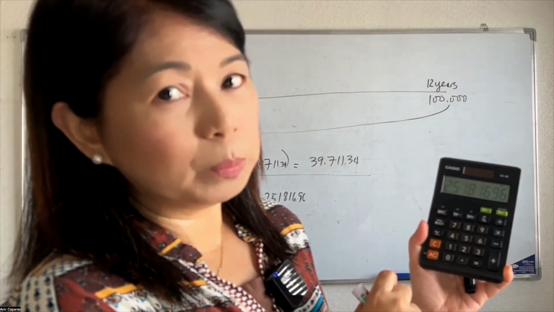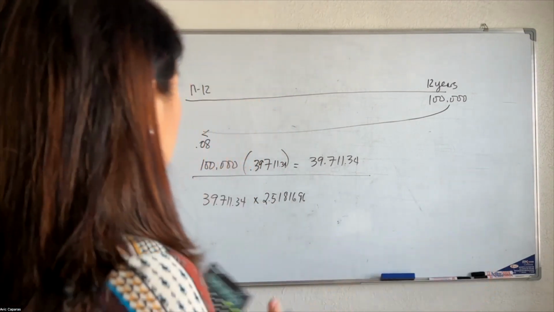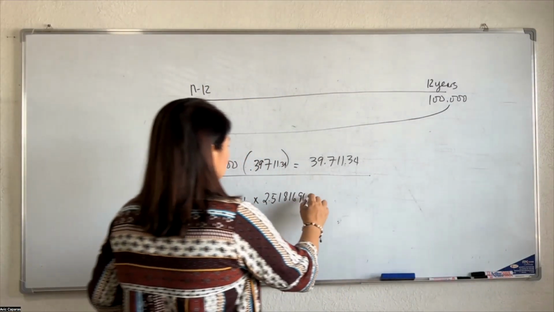So that's the amount, 2.518. This is the future value. Multiplied by 39,711.34, that should be 100,000.